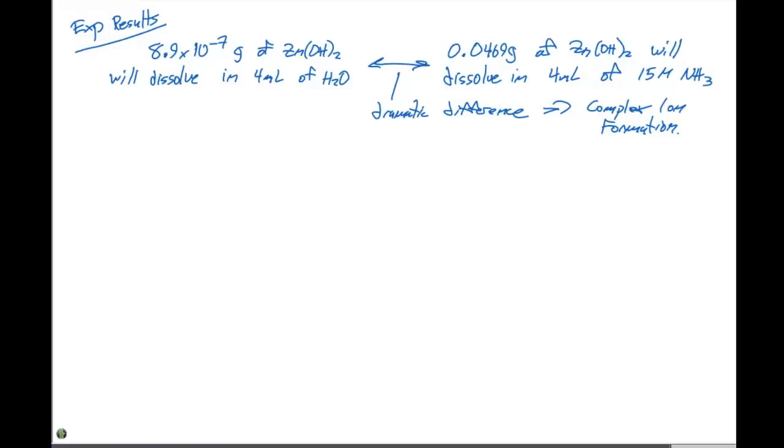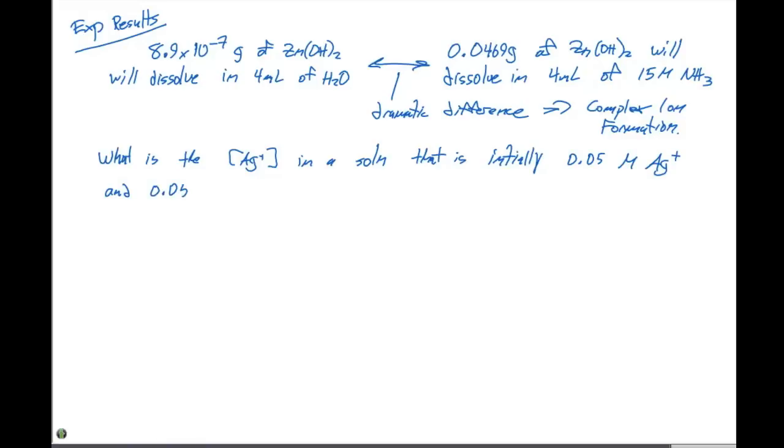So we can ask the question: what is the silver plus concentration in a solution that is initially 0.05 molar silver plus and 0.05 molar Cl minus in aqueous 3.0 NH3?